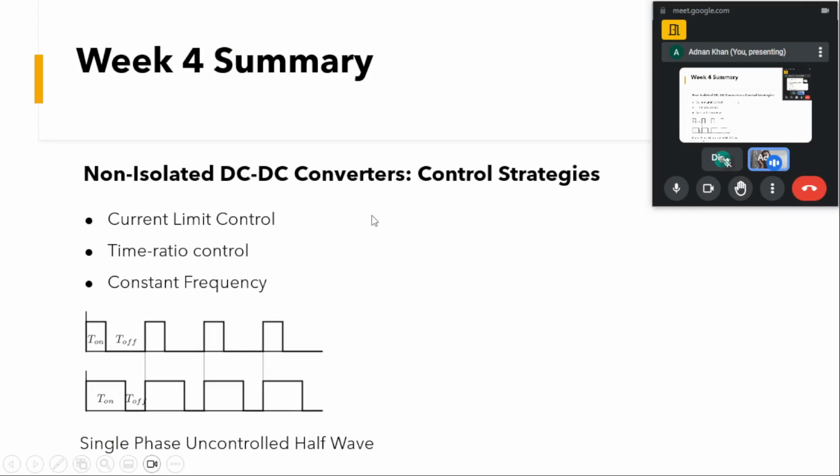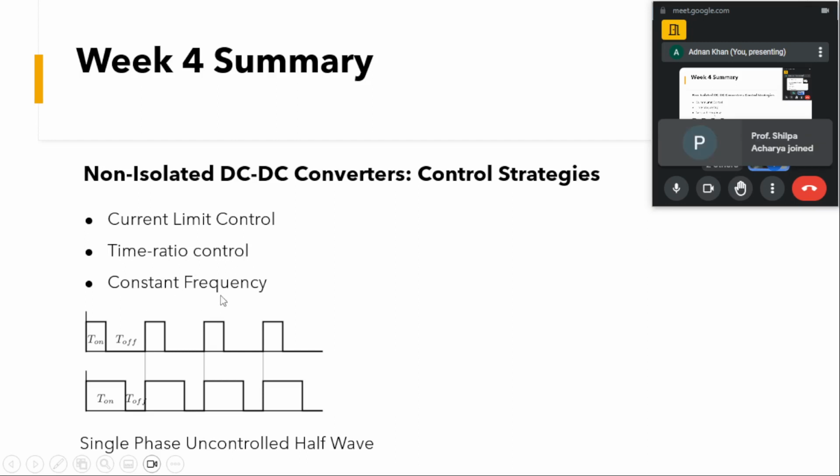There are different control techniques by which we can control these converters, and one such technique is current limit control. I'll talk about current limit control later on, and first I'll talk about other control techniques, which are time ratio control, also known as constant frequency control.